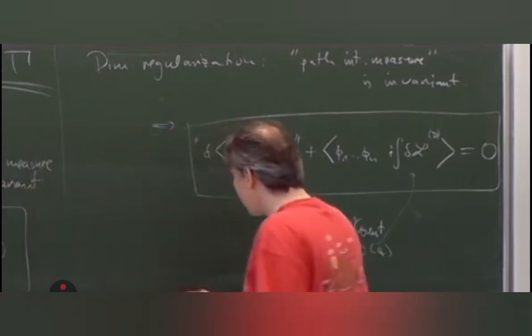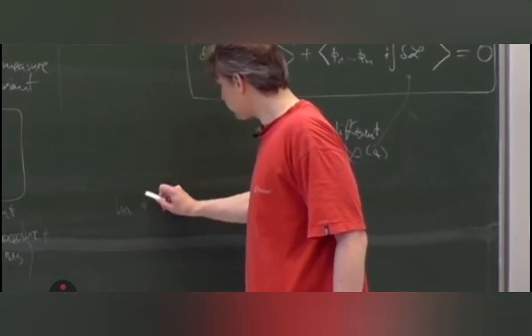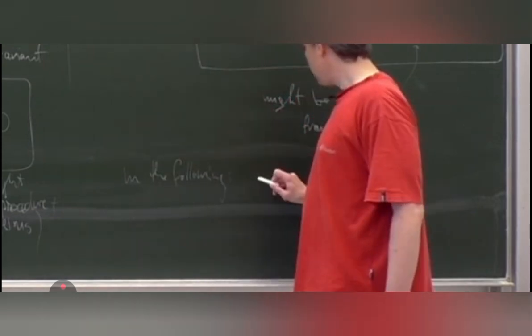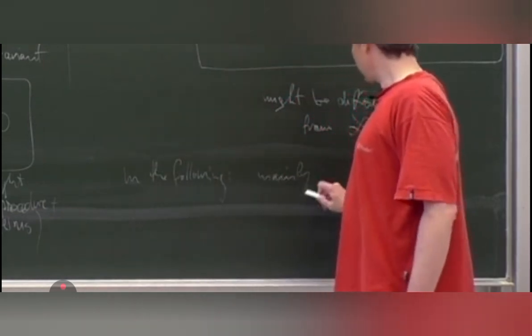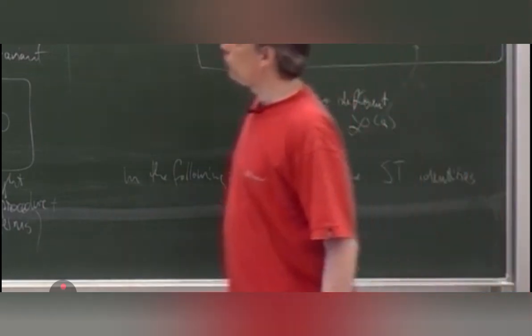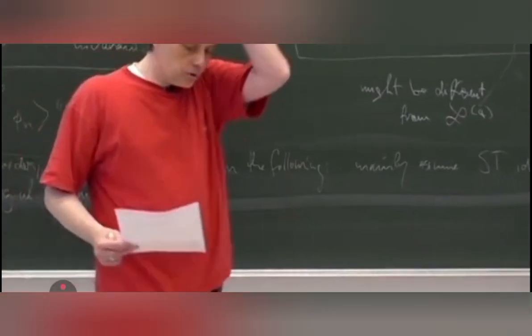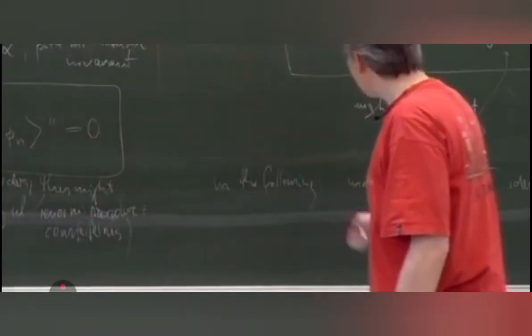So in the following, we will mainly assume the validity of the Slavnov-Taylor identities and draw consequences. So we will start from this and then look what we can do with it. But in some cases, which we will then point out, we will go away from that assumption.